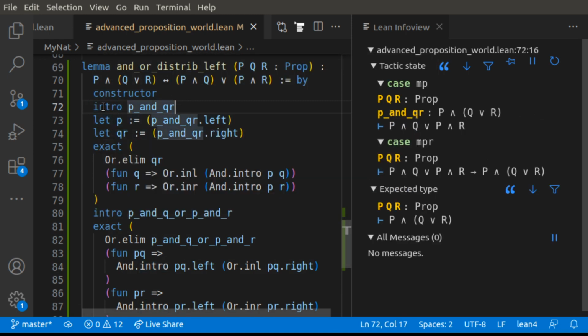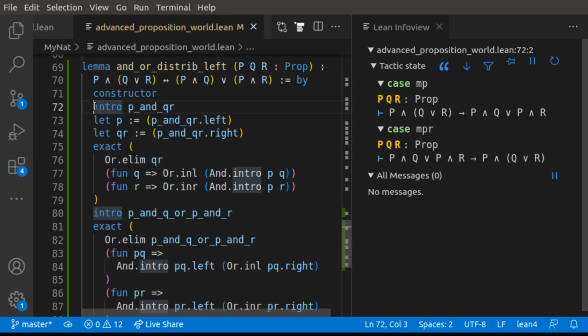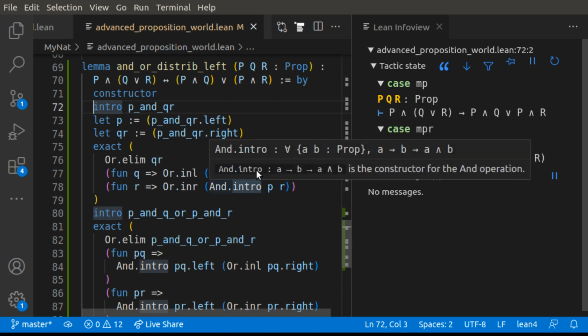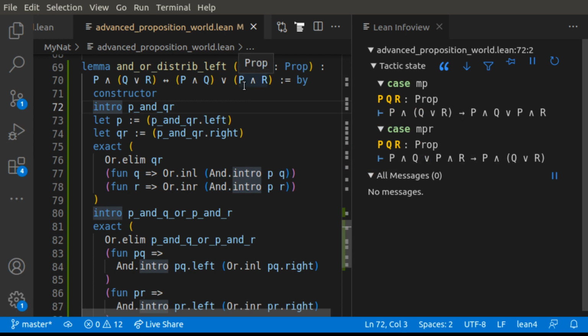And then here there's a lot of manipulation using both ors and ands and dealing with the different cases. So splitting things up, putting them together. And yeah, cool things were being built and cool proofs were made.